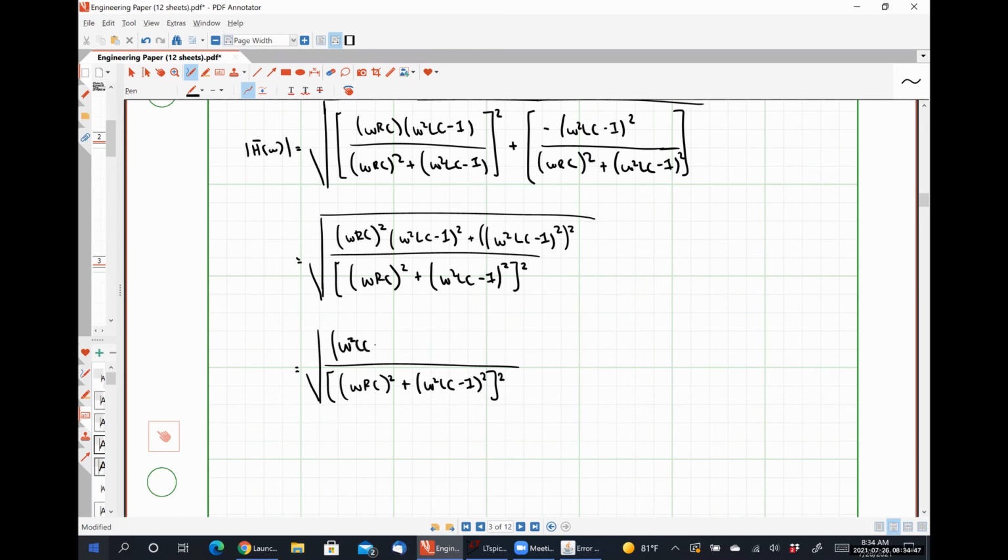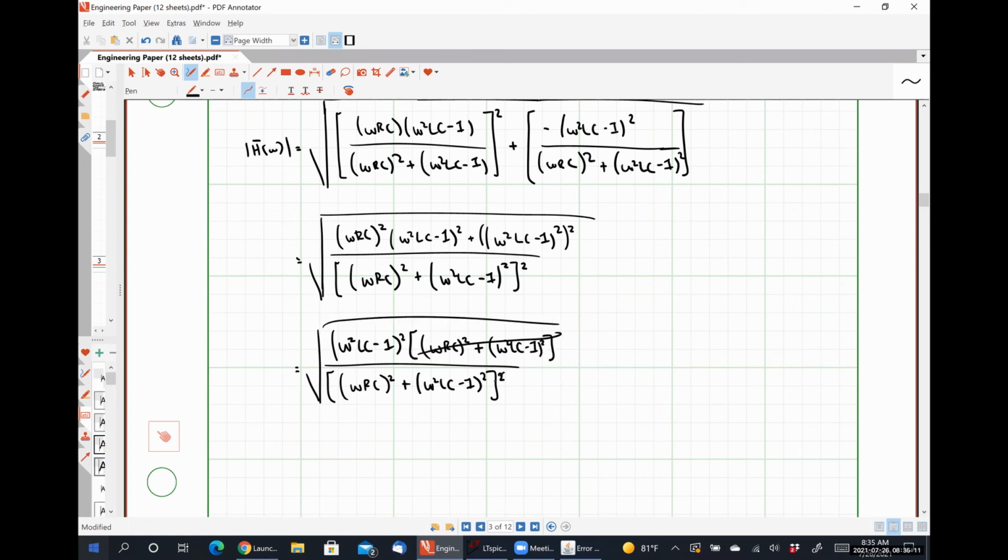So this is going to be multiplied by omega RC squared plus omega squared LC minus 1 squared.